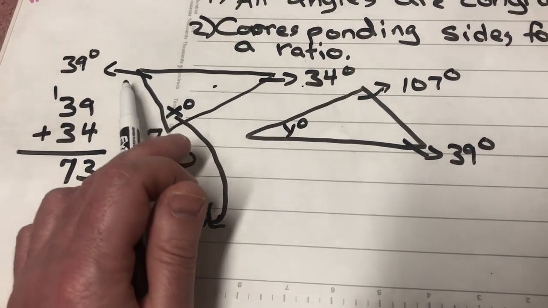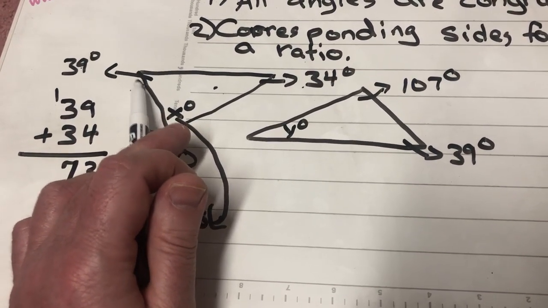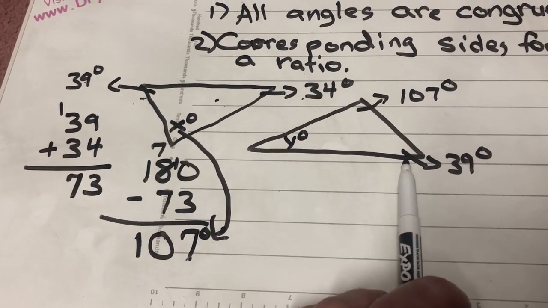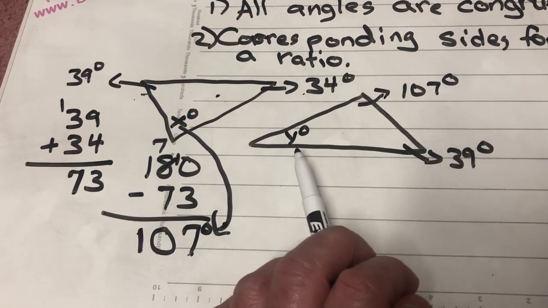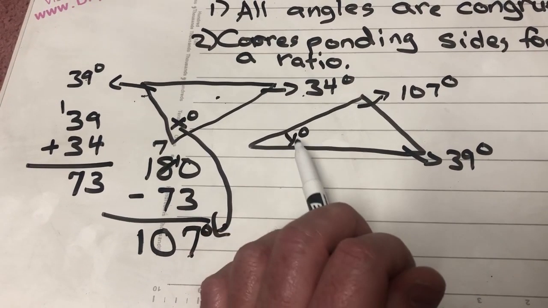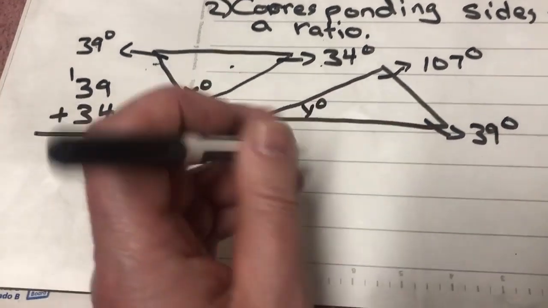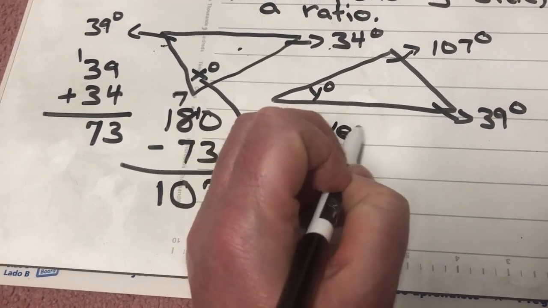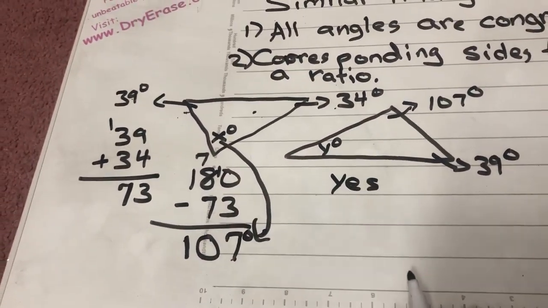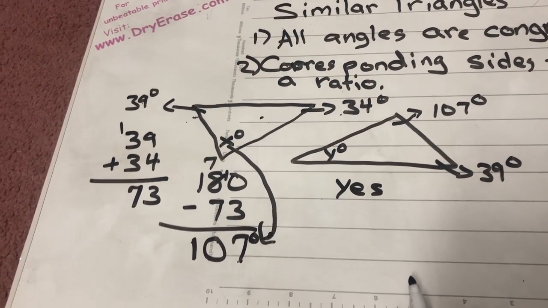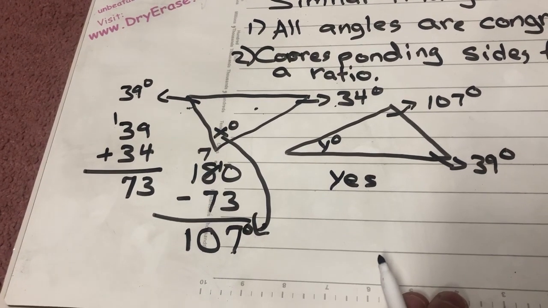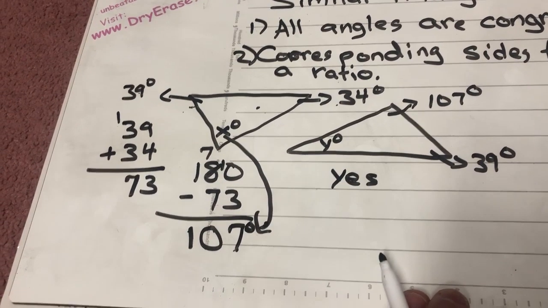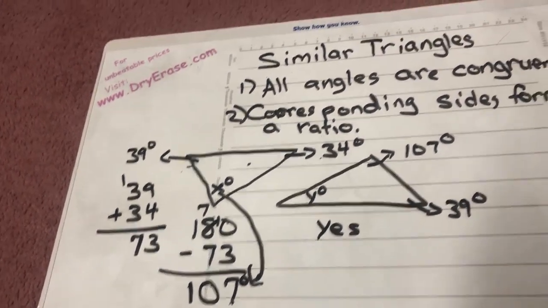I have a 39-degree angle right here in this triangle, which means if I were to do the math, for this to equal 180, this would have to be 34, just like this one here, which means that yes, these are similar. Now, if you go through that process and the angle measurements are different, then it would be a no, they are not similar.